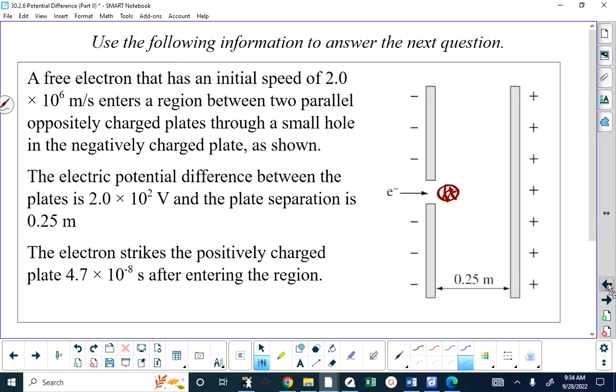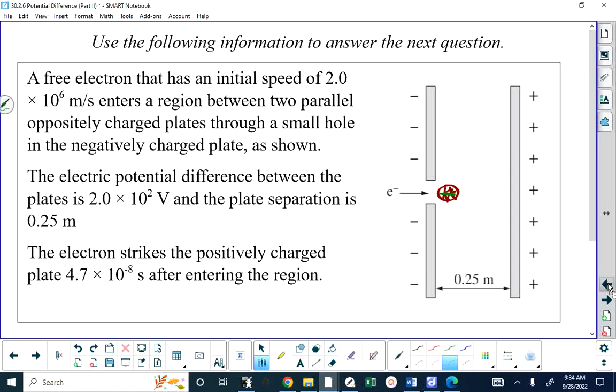Yeah, it's 200 volts. So we can calculate the change in energy. Now, if you look at this diagram, an electron is negative, which means if it has this speed of 2 million meters per second, and it's moving towards the positive plate, that kinetic energy that it has to begin with is only going to get bigger. It's going to gain energy, right?